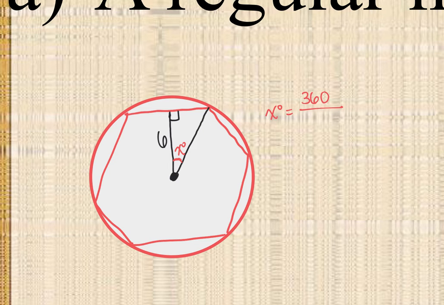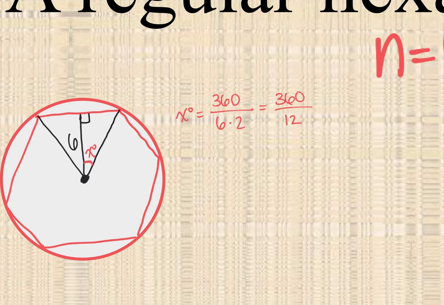What was the number of sides here? 6, but also times 2. So we're going to get 360 divided by 12. Because this is half of a central angle. Do you guys agree that this would be a central angle? Yeah. So x is going to be half of it. So we do 360 divided by 12, and that'll give us that this angle is 30 degrees.